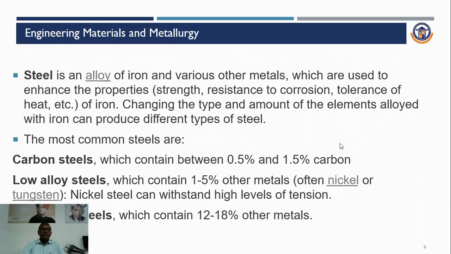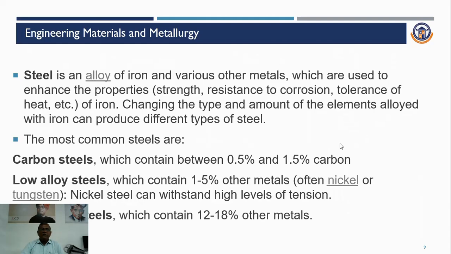Next is steel. Steel is basically an alloy of iron and various other metals which are used to enhance its properties: strength, resistance to corrosion, tolerance of heat, etc. Changing the type and amount of elements alloyed with iron can produce different types of steels.